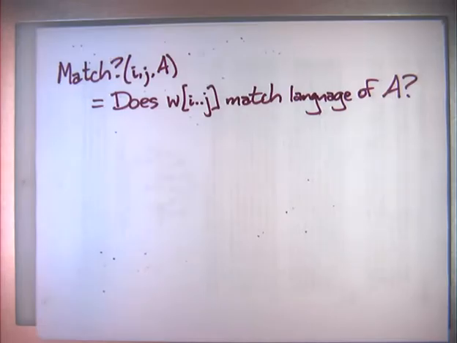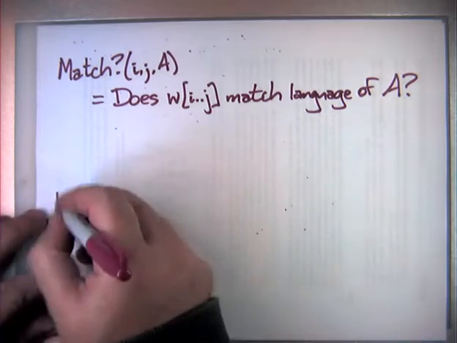Right? And now, when I'm faced with this question, either I'm going to be in a base case where the string is just one character long, or I'm going to try to split the string into two smaller strings and pass them to other non-terminals. Okay, so let's try to write that down.